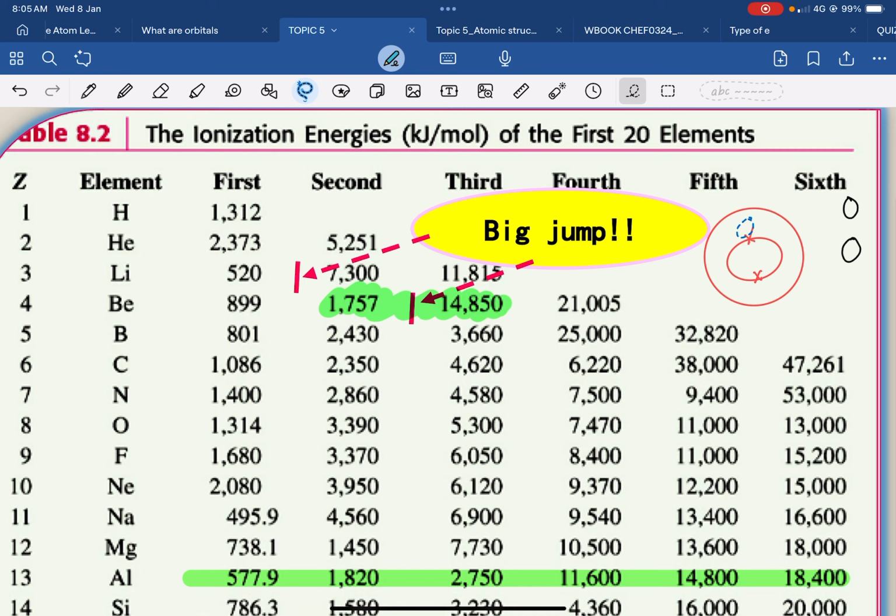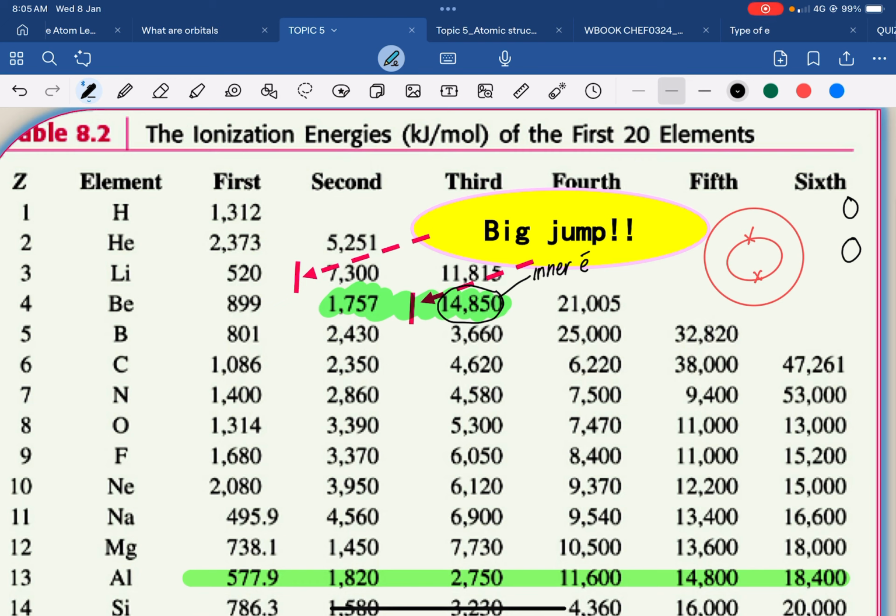Okay, this is because kenapa ada jarak yang beza sangat, ada gap beza sangat, because this one comes from the inner electron. So bila inner electron, they are very stable.